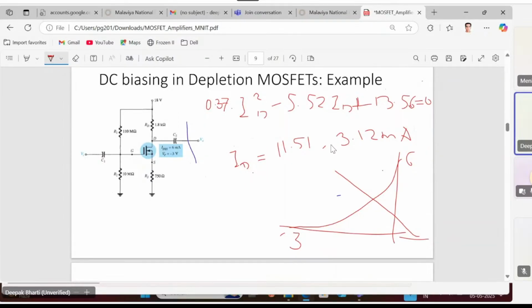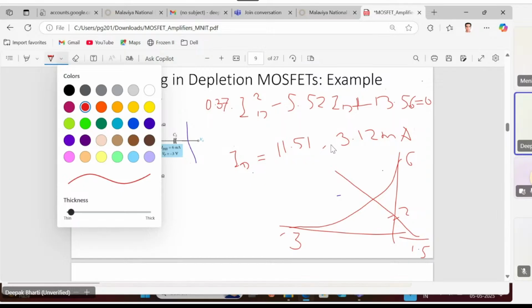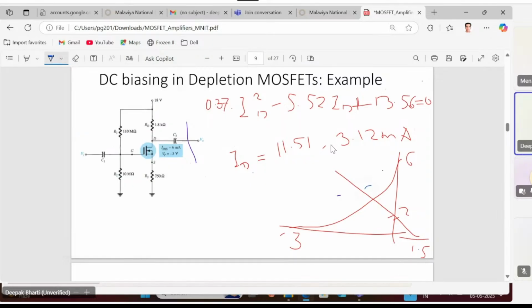So here the load line equation was something like this. This point was 1.5. The intersection is taking place somewhere here. So this value has to lie between 2 and 6, meaning whatever is the solution of this equation has to lie between 2 and 6.